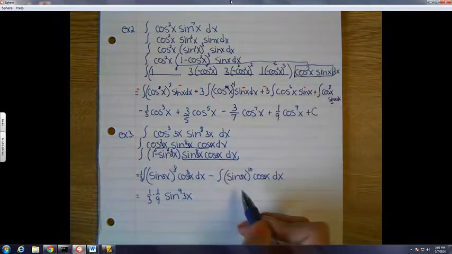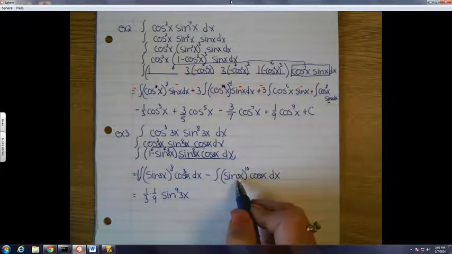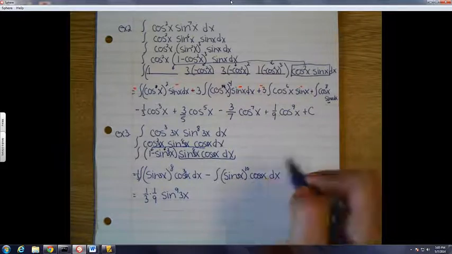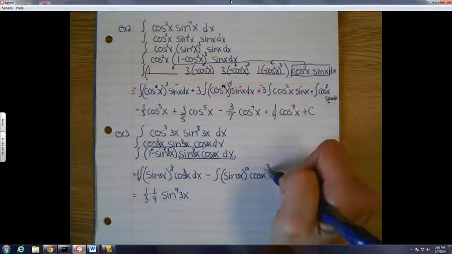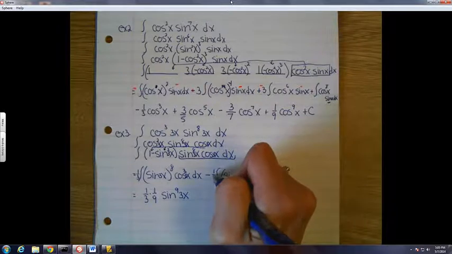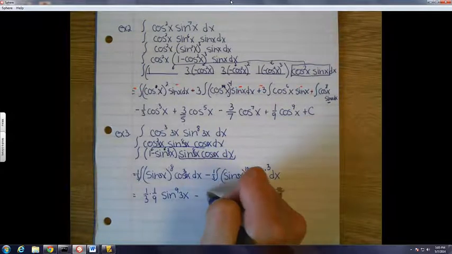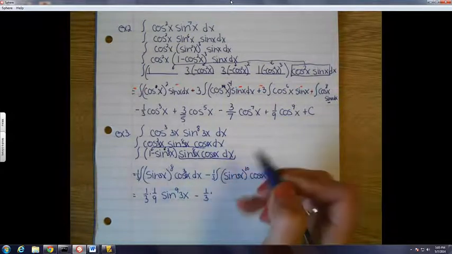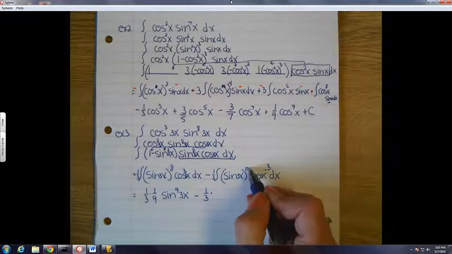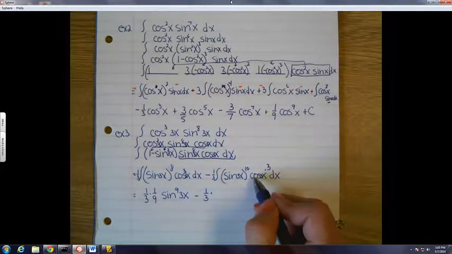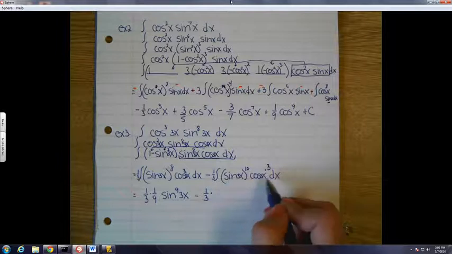Okay, the next one. Derivative of the inside here is cosine 3x times 3, so I need a 1/3 here. So minus 1/3. Power rule, add 1, multiply by its reciprocal. All this stuff attached to the dx as a part of the u prime goes away.